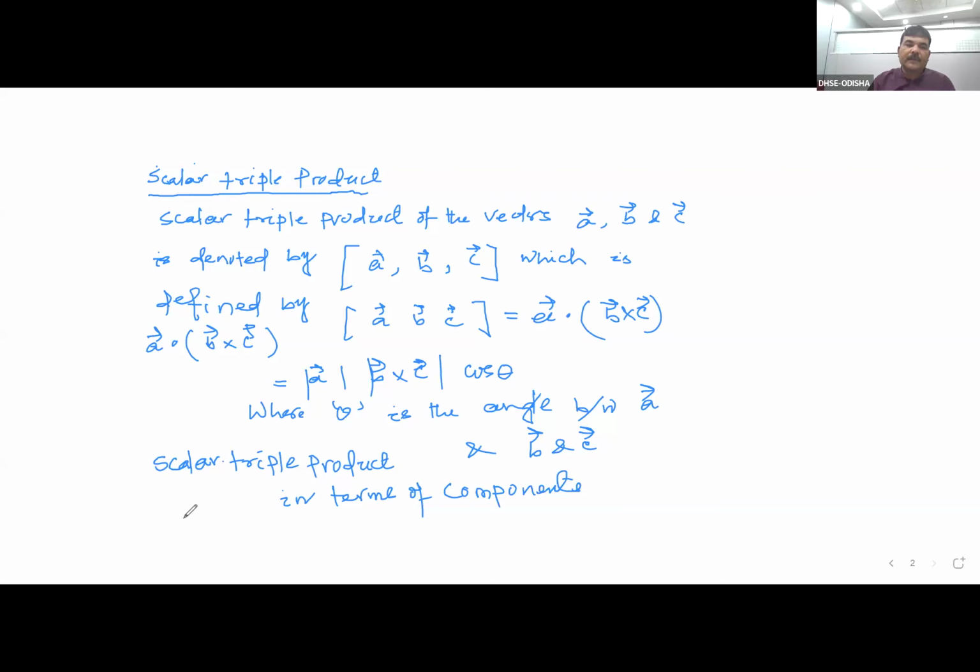That means the components of three vectors are given. We have to find out the scalar triple product.